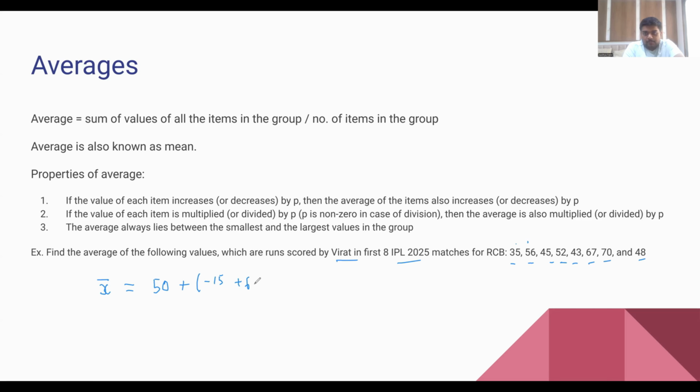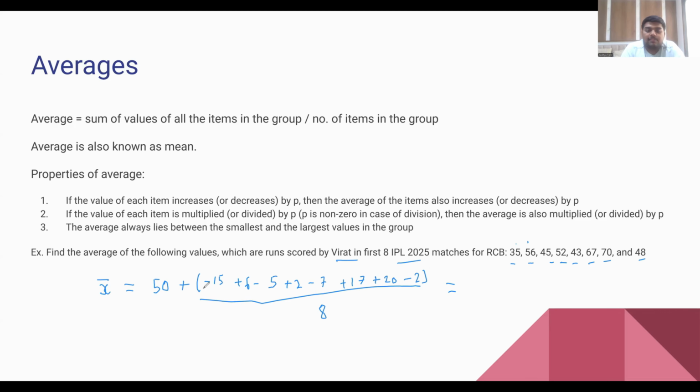Then 45 minus 5, 52 plus 2, 43 minus 7, 67 plus 17, 70 will result in a plus 20 and 48 will result in minus 2, divided by how many numbers are there? 1, 2, 3, 4, 5, 6, 7, and 8.